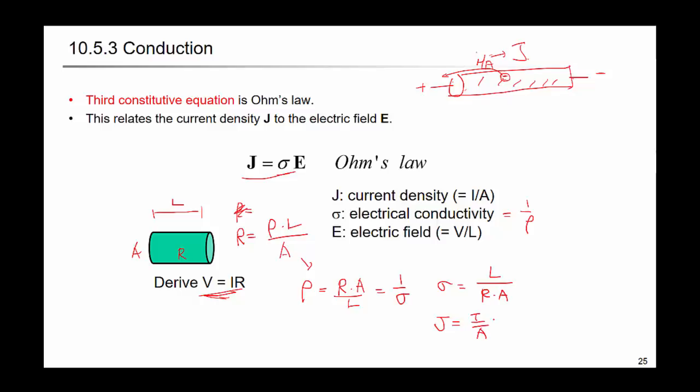I over A. And E is V over L, right? Then if you plug these three equations into the first equation, you end up with V equal to IR. So Ohm's law, J equals sigma times electric field, is the same as V equal to IR. Good?